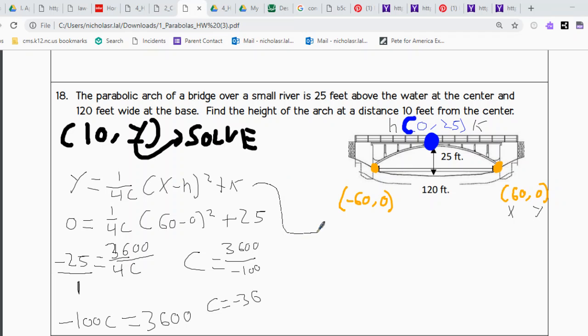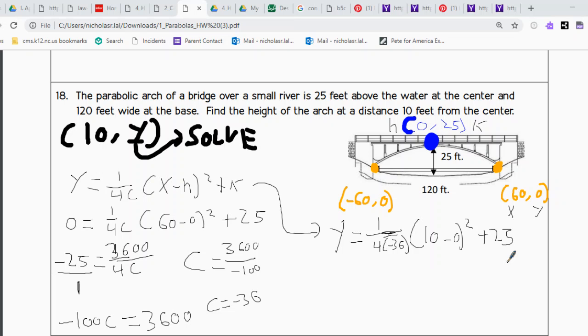So we take our parabola equation: y is equal to 1 over 4 times negative 36, times x minus h squared. Our x value is 10, our h value is 0, minus 0 squared, plus k, plus 25.